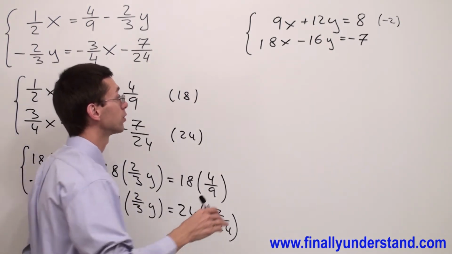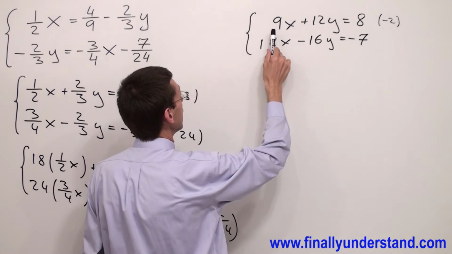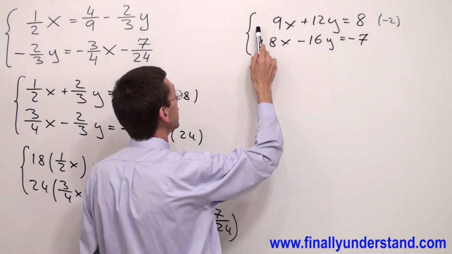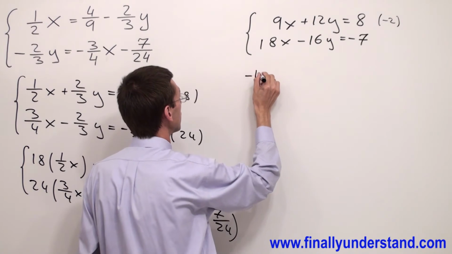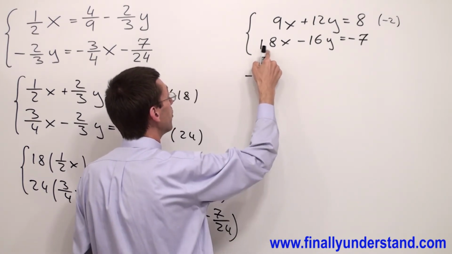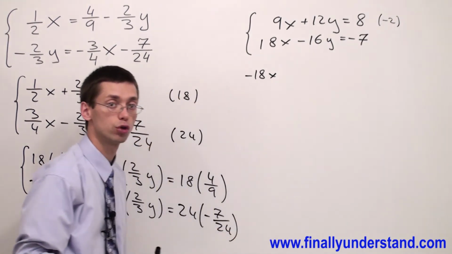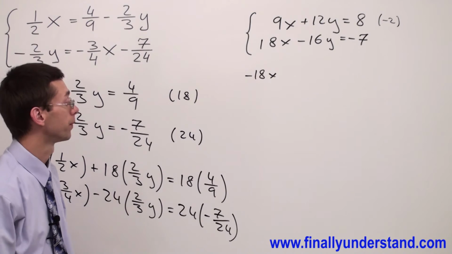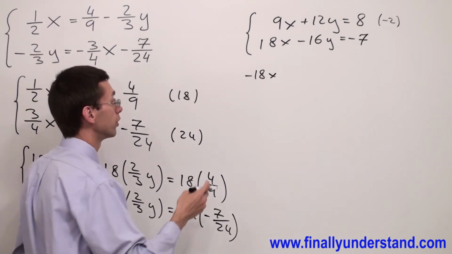Because if you multiply the x coefficient by -2, you are going to have -18x. -18x and +18x are going to subtract each other, and you are going to end up with 0. So you are going to eliminate x.